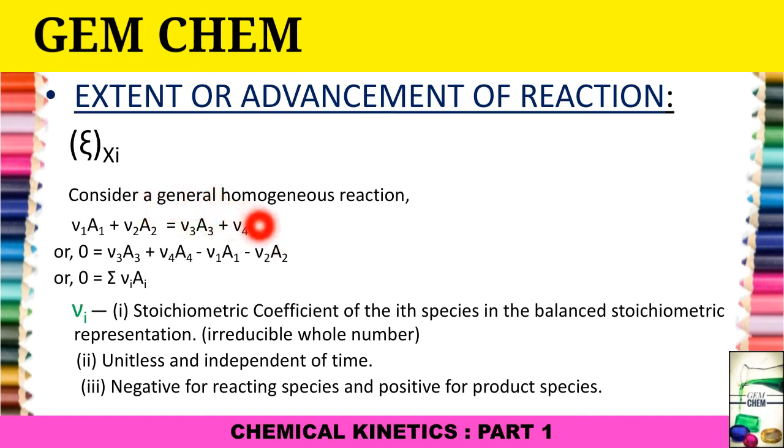Suppose we consider a homogeneous solution having a reaction which is also homogeneous in nature. That is, we are seeing a general homogeneous reaction. So this is our reaction, and as we know that nu1, nu2, nu3 and nu4 are the stoichiometric coefficients of the ith species in the balanced stoichiometric representation, and these are always whole numbers.